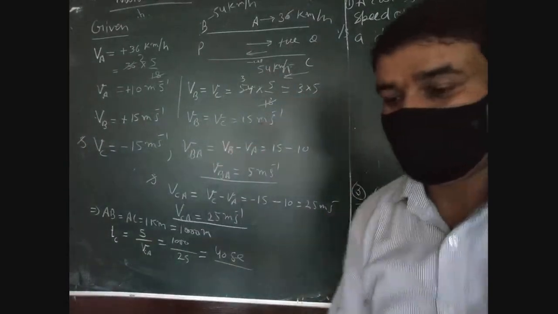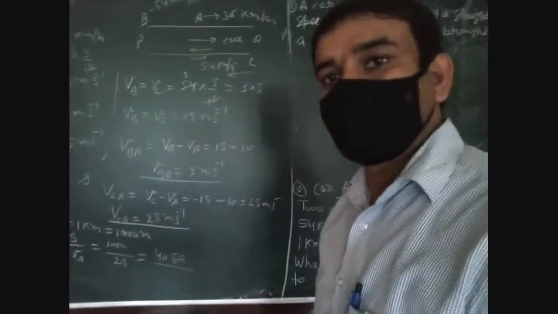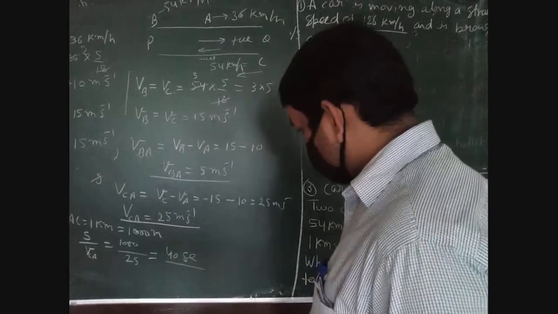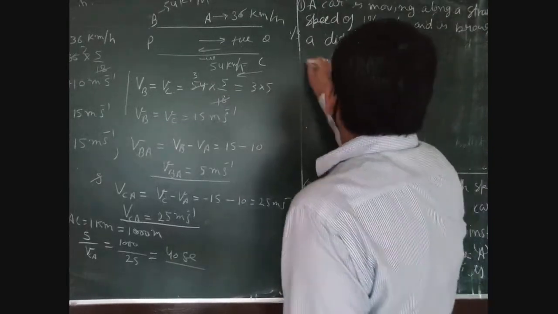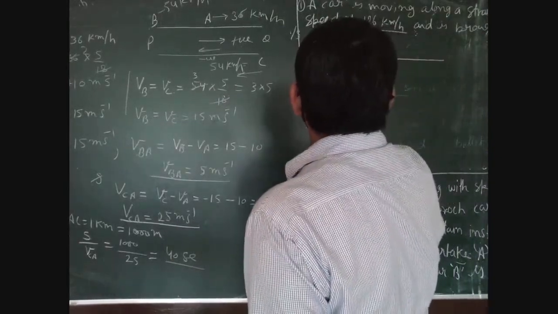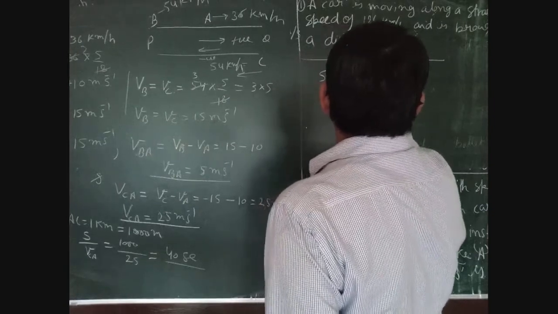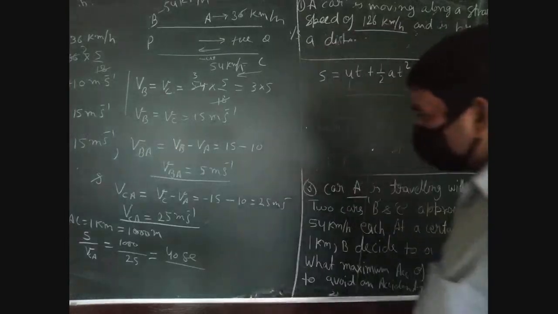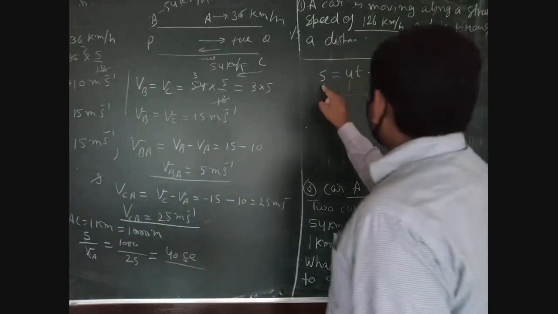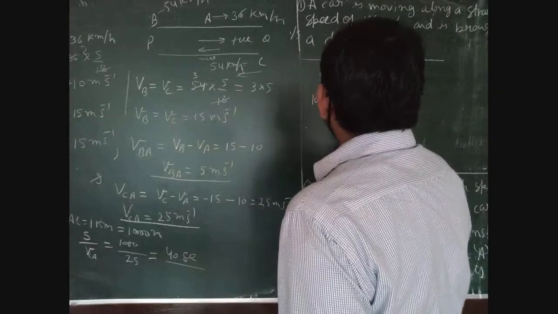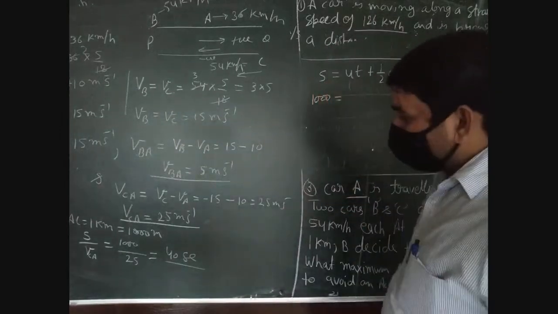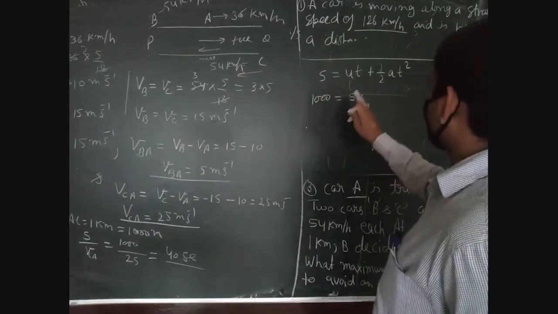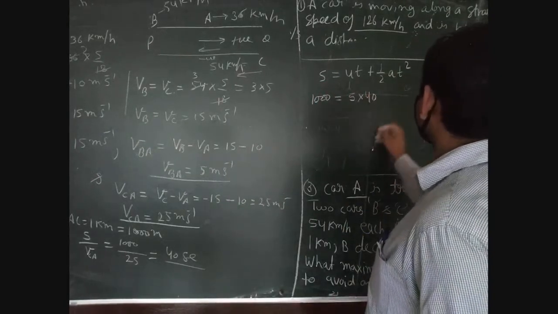So just see, from the second equation of motion we have S equal to ut plus half at square. Now S we have 1000 meter, u we have 5 meter per second, and t we have 40 seconds.